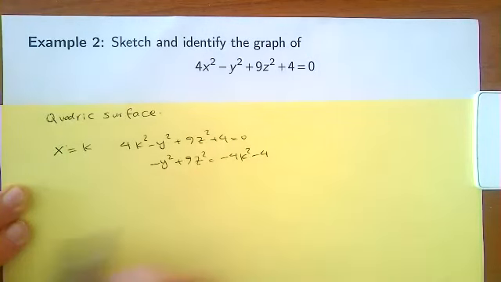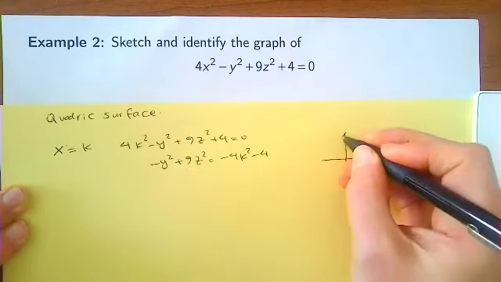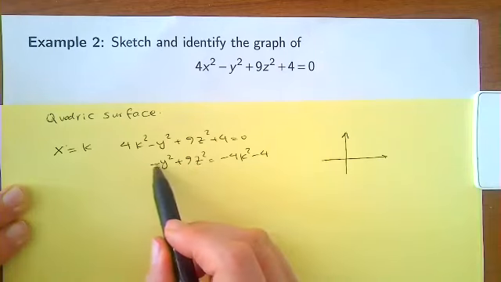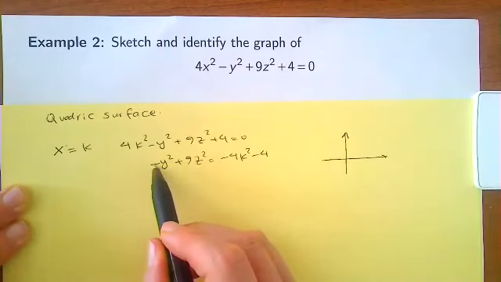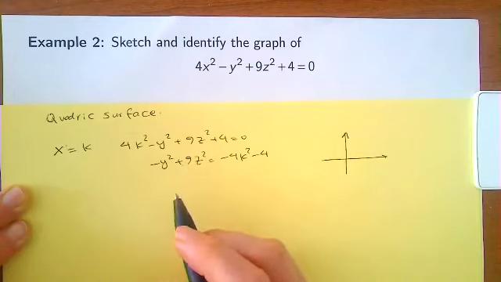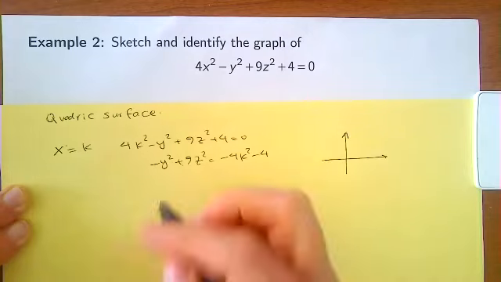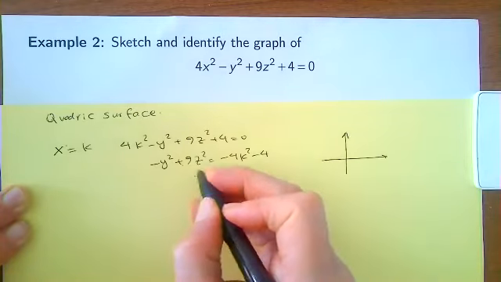Here I notice that it's between y and z. One of them has a negative sign coefficient and the other a positive sign coefficient. So what I need to do next is to recognize which hyperbola I get.